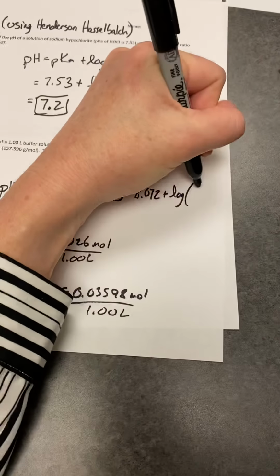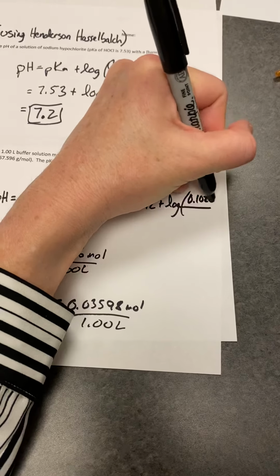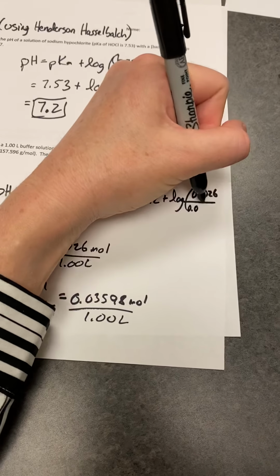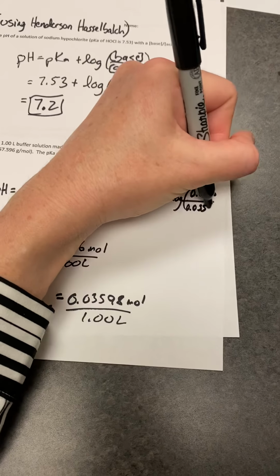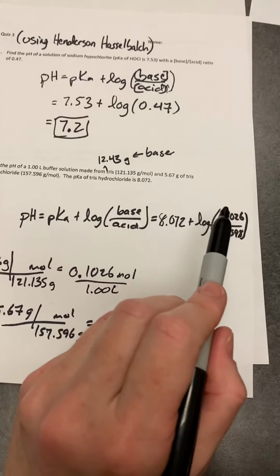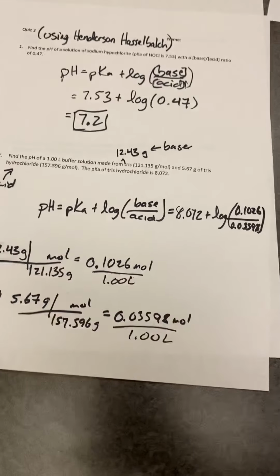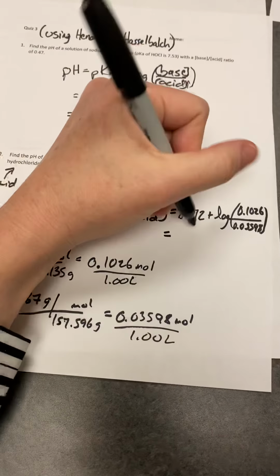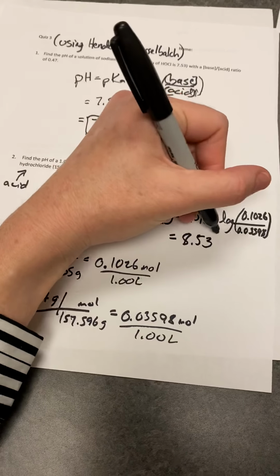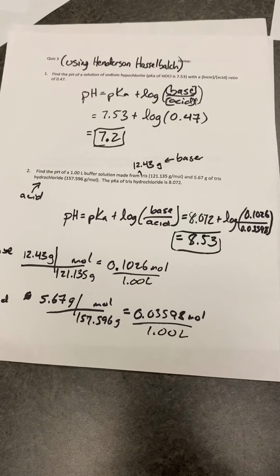So here we're going to put base, which is 0.1026, divided by our acid, 0.03598. We have more base than we do acid, so we should expect this answer to become more basic. And we get an answer of 8.53. And that's how we use Henderson-Hasselbalch.